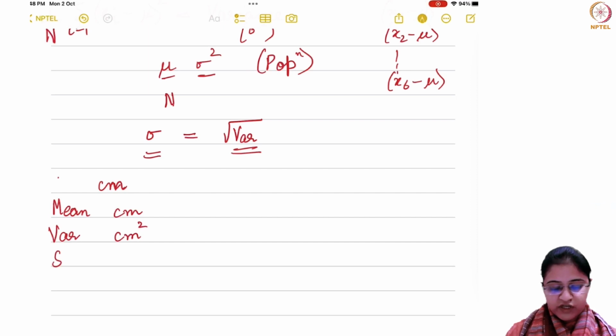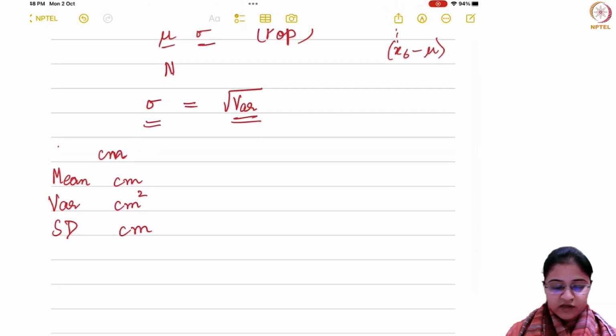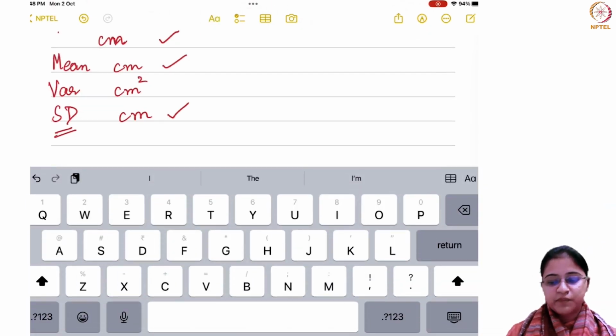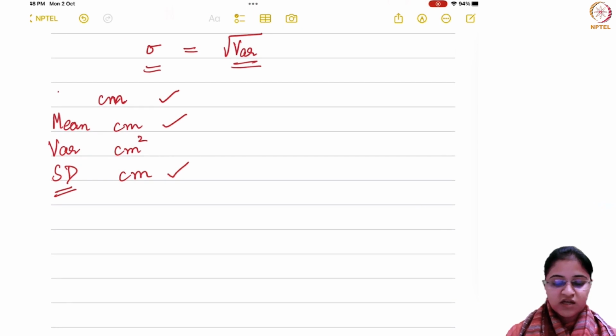And if you take standard deviation, this will again come back to centimeter only. So that is why you see that the observations were in centimeter, mean is in centimeter. So it makes more sense to consider standard deviation instead of variance, because for interpretation purpose, it would make more sense that it has the same unit as the observations itself.